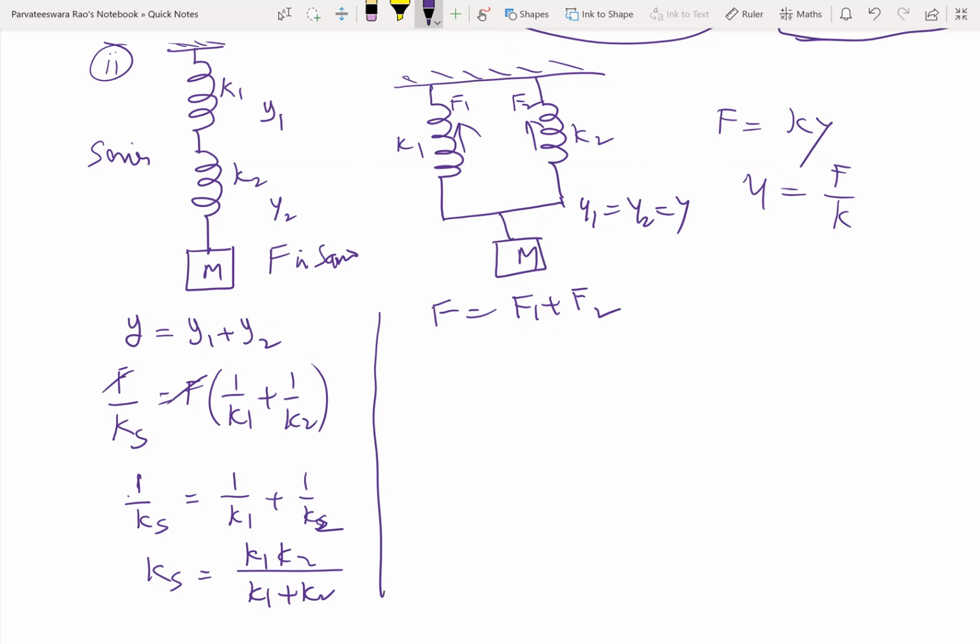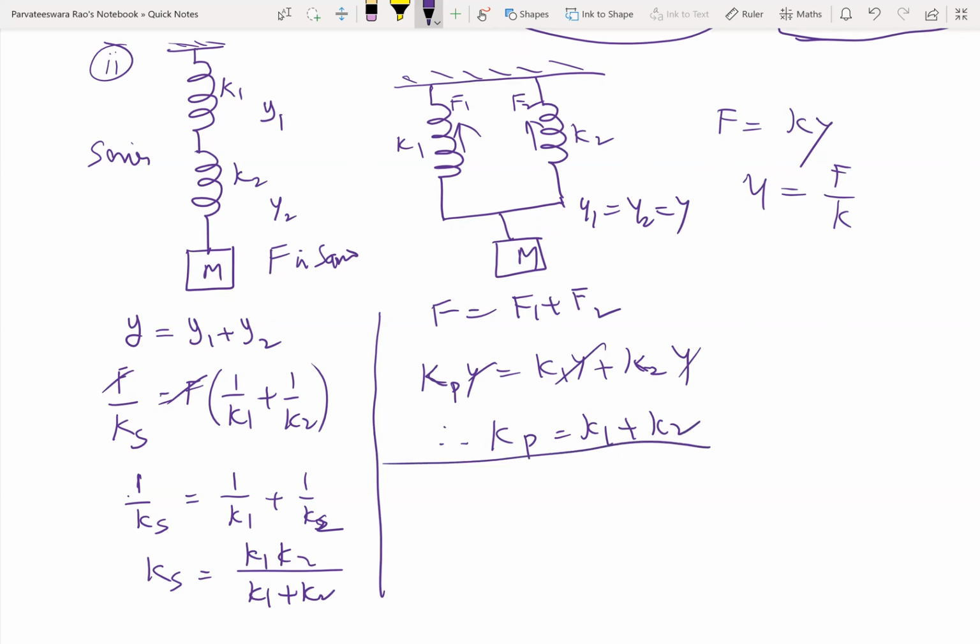Coming to this, F is equal to Kp into Y. Kp is the effective spring constant of both, which is equal to K1 into Y plus K2 into Y. Therefore, the effective spring constant comes out to be K1 plus K2.